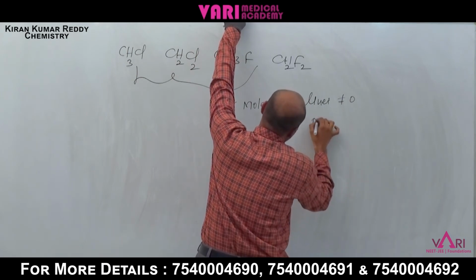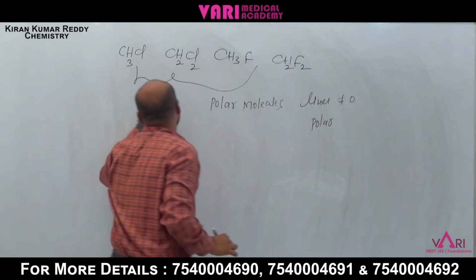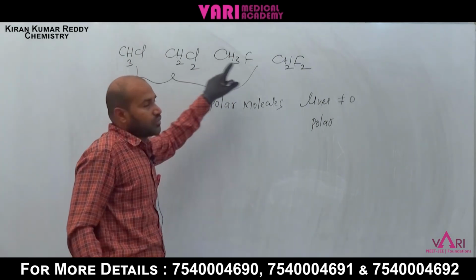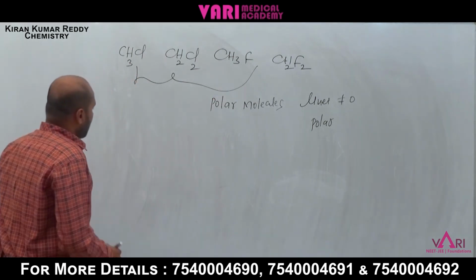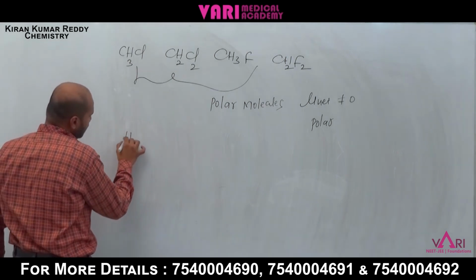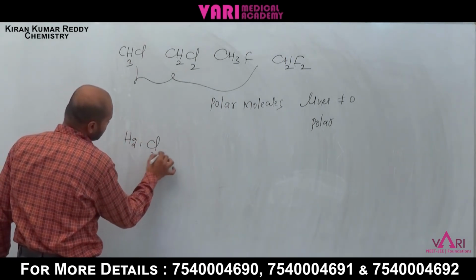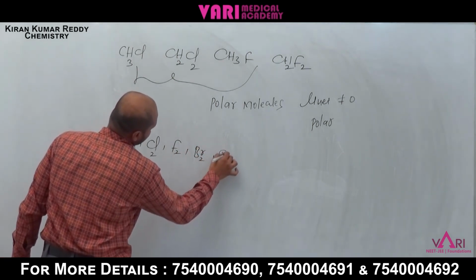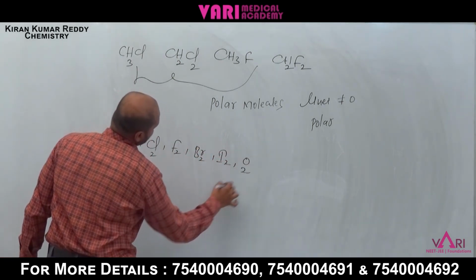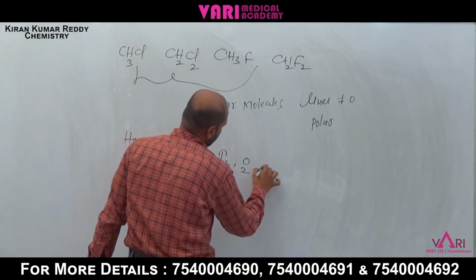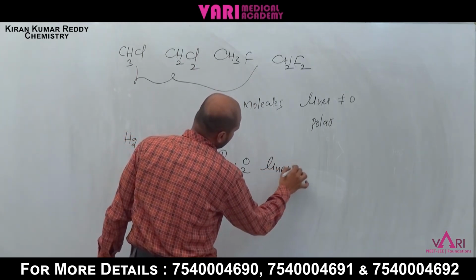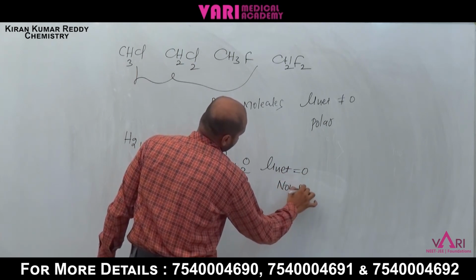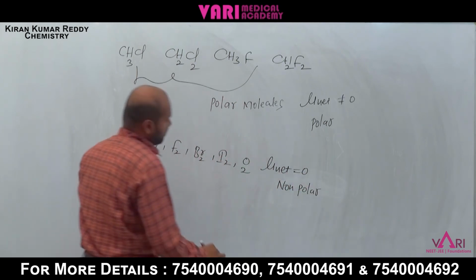Another one is the diatomic molecules H2, Cl2, F2, Br2, I2, O2. In these types of molecules, the dipole moment mu net is equal to 0. Those molecules will be non-polar.